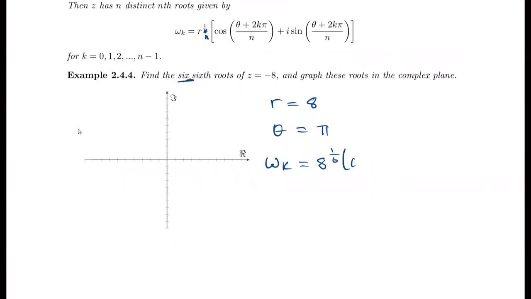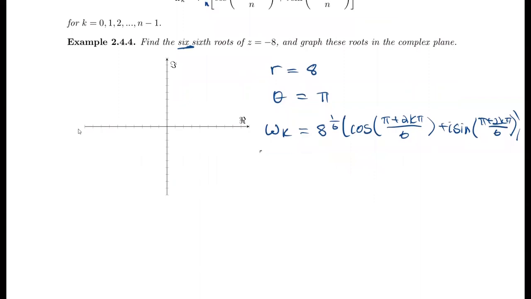And we multiply by cos of pi plus 2k pi divided by 6 plus i sine of pi plus 2k pi divided by 6. So that's what it should have actually been. So that was my mistake there. So that means it's only for k equal to 0, 1, 2, 3, 4, and 5. So that does not change.